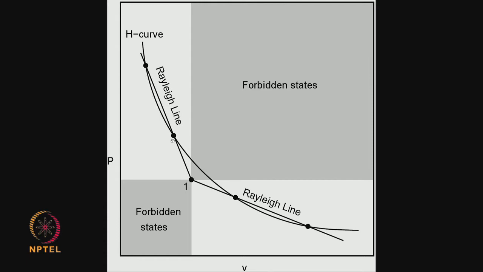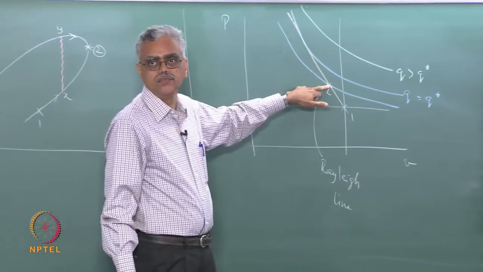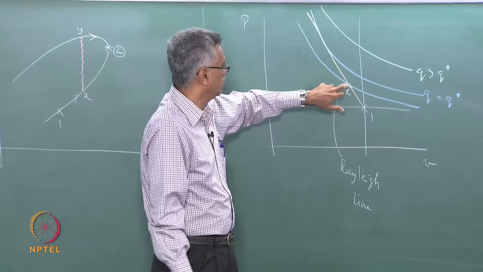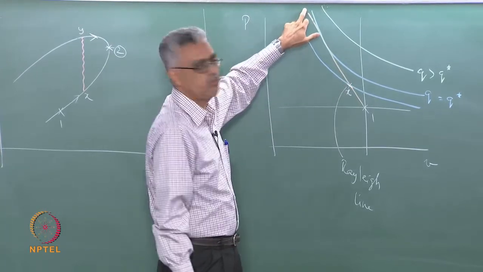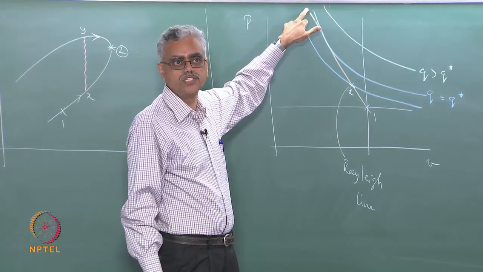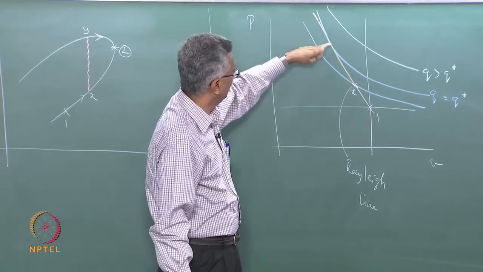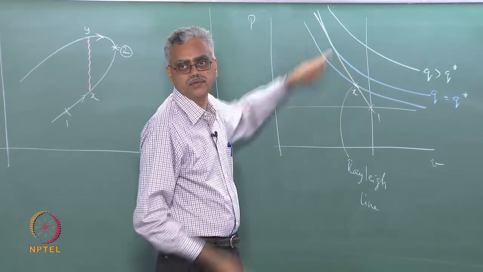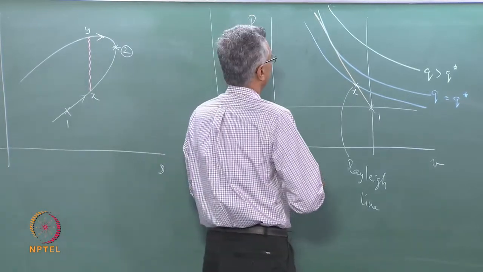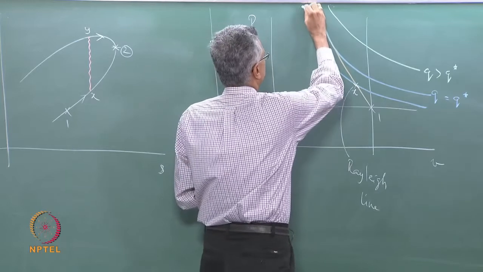So what happens in this case is the Rayleigh line intersects the H curve at this location, and then we have a normal shock wave. So state y, we are going to jump from here to the other point in this Rayleigh line where this intersects the H curve again. So that is my state y, and then I travel up to this point.